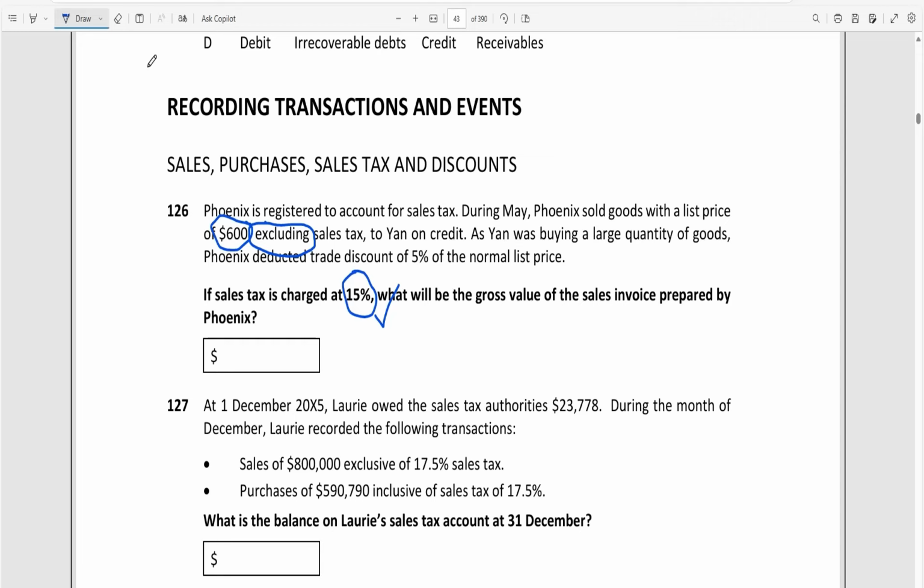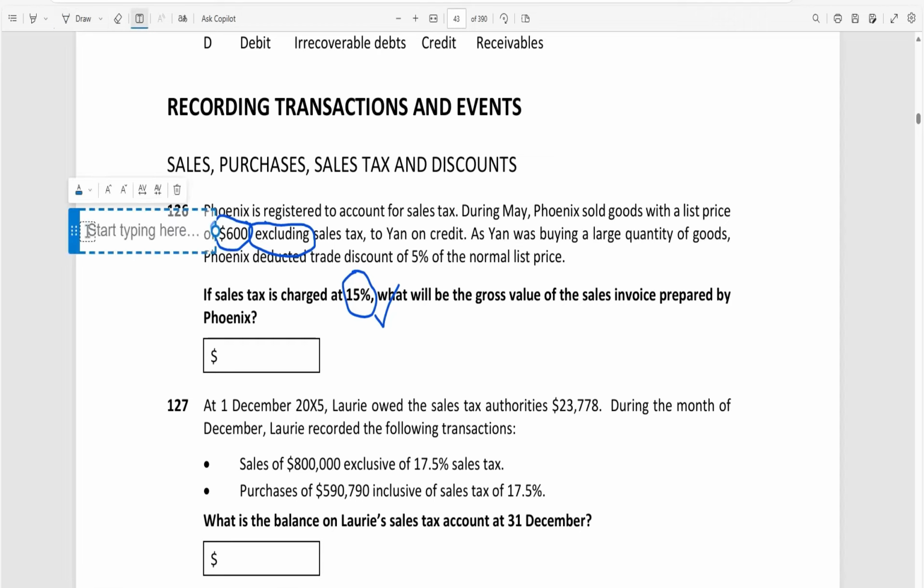In our case, the question says the sales price, or we can say list price, is 600, right? And after discount, what will be the price? I'm just solving it roughly.